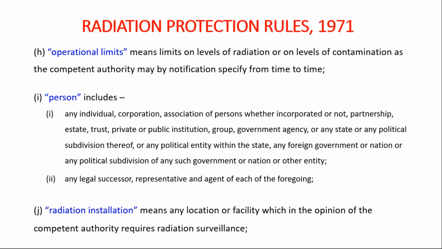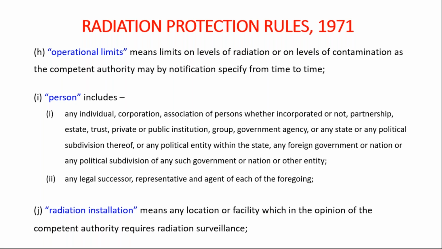So the persons are the people who are involved in the radiation activity, or in handling these types of activity, or in inspection, auditing, or any type of purpose. If these people are involved in that activity, then it is called person in this rule.